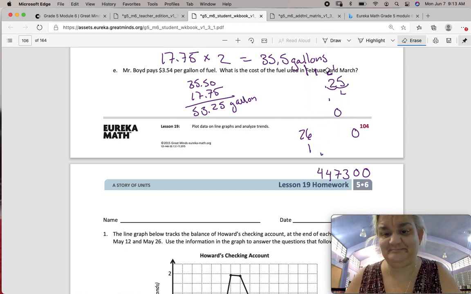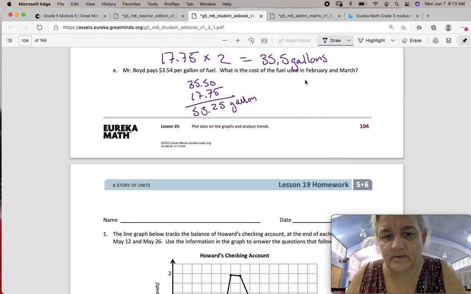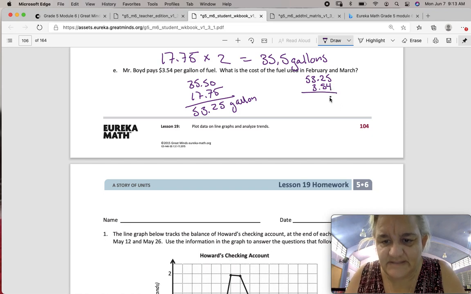Let's try it again. Okay, 53.25 times 3.54. Okay. 4 times 5 is 20. Carry the 2. 10. Carry the 1. 13.